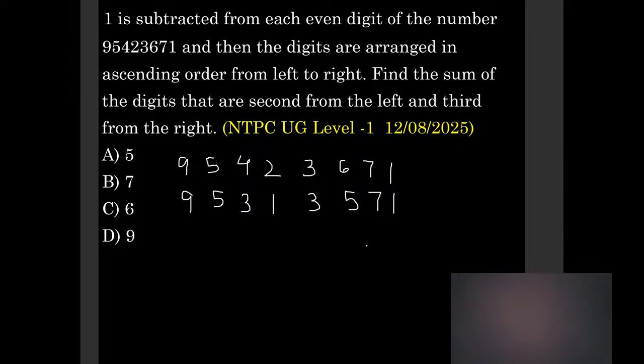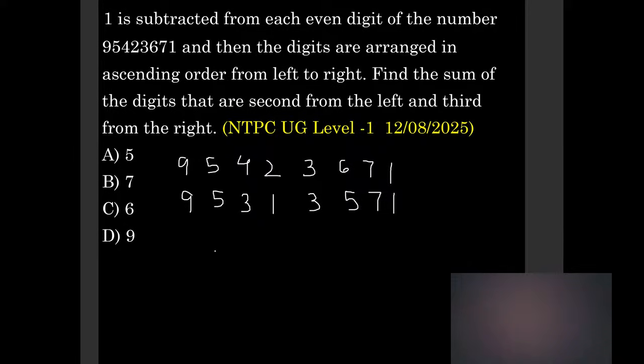Okay, next. The next part of the question says that the digits are arranged in ascending order from left to right. So from your left-hand to right-hand side, the digits are arranged in ascending order.